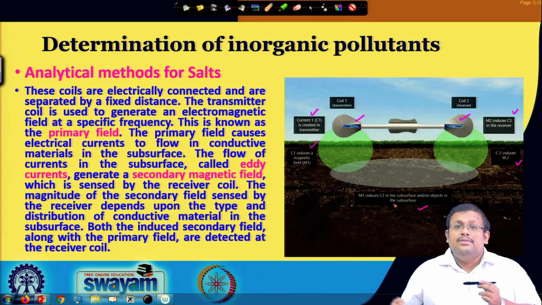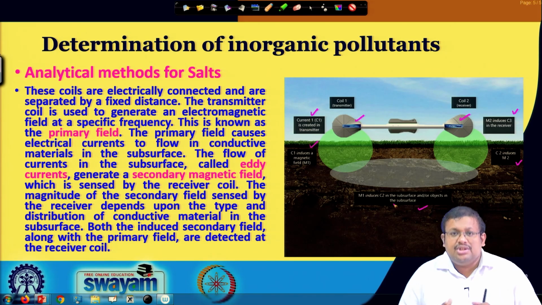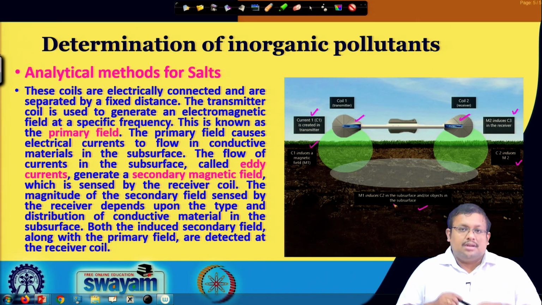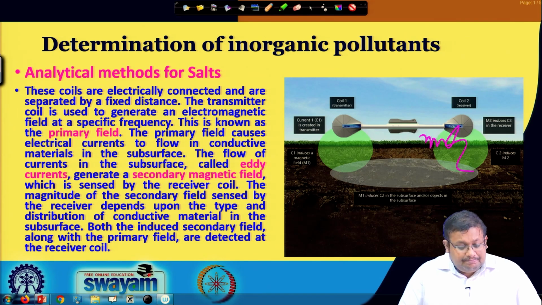This current produces the secondary magnetic field, which is sensed by the receiver coil, and this is how, depending on the concentration and composition, we can see the variation of the salt concentration. So, this is how this electromagnetic induction method works in the soil science discipline.